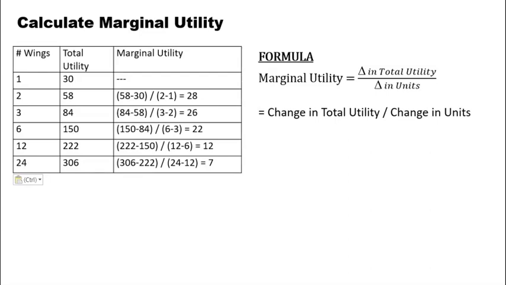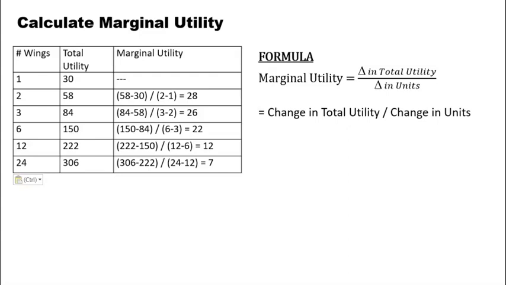Here are your answers for the rest of the calculations of this example. As you can see, your marginal utility steadily declines. If you didn't get these numbers, please check that you're using the correct numbers in the change in units, which is actually the number of wings consumed.